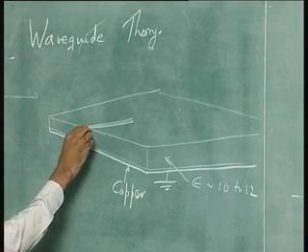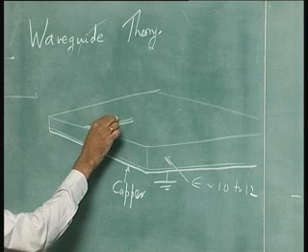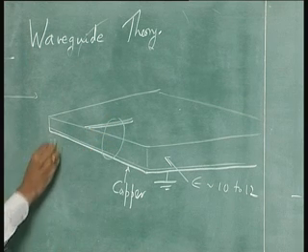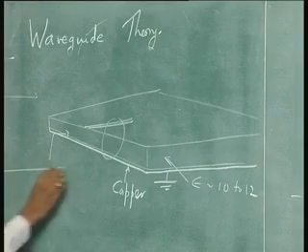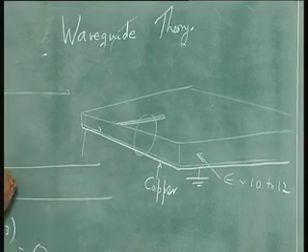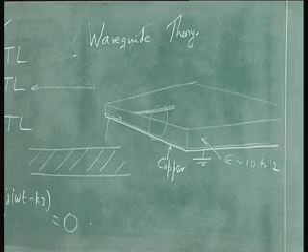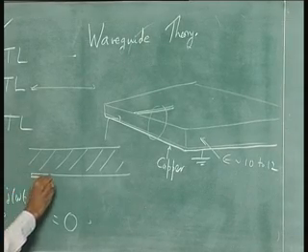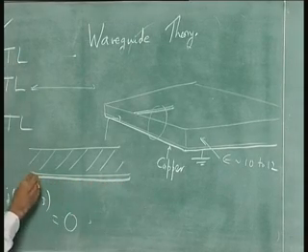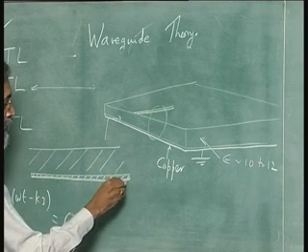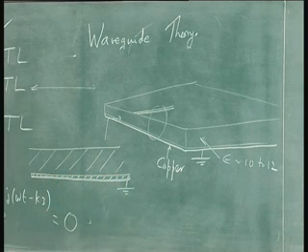So what happens is, if you look at this structure from sideways, you have your dielectric, at the bottom you have copper, and this copper is grounded.